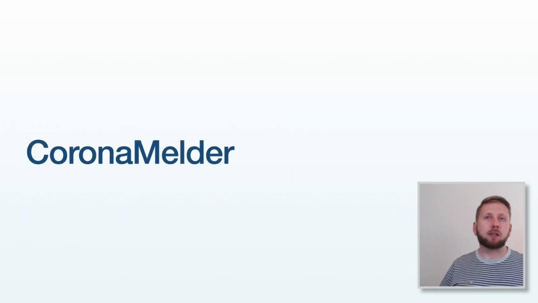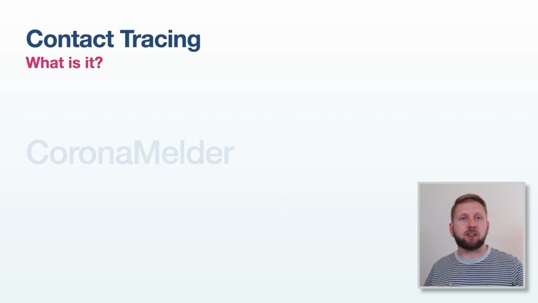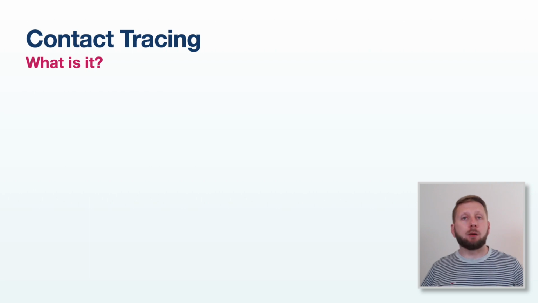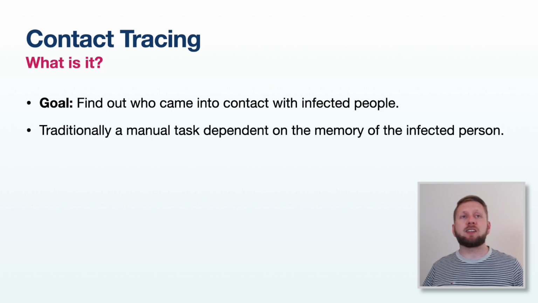So let's start talking about CoronaMelder first. CoronaMelder is a contact tracing application. But what is contact tracing actually? The goal of contact tracing is to find out which people came into contact with people who had an infectious disease. But traditionally this was not a digital thing.